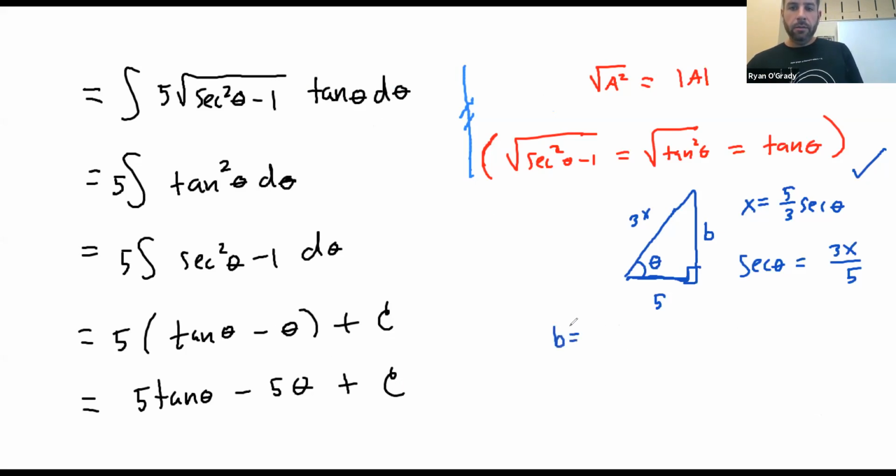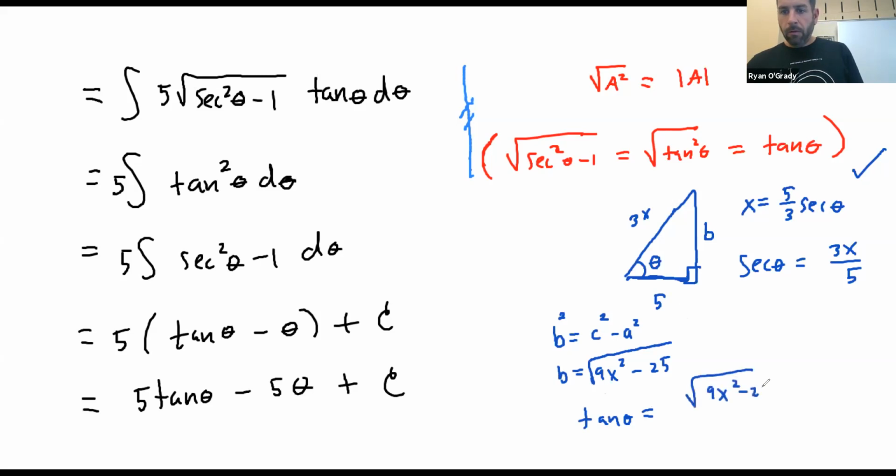B squared is equal to C squared minus A squared. So B is then the square root of 9x squared minus 25, just like we expected it to be. And so then that tells us the tangent of theta is square root of 9x squared minus 25 over 5.